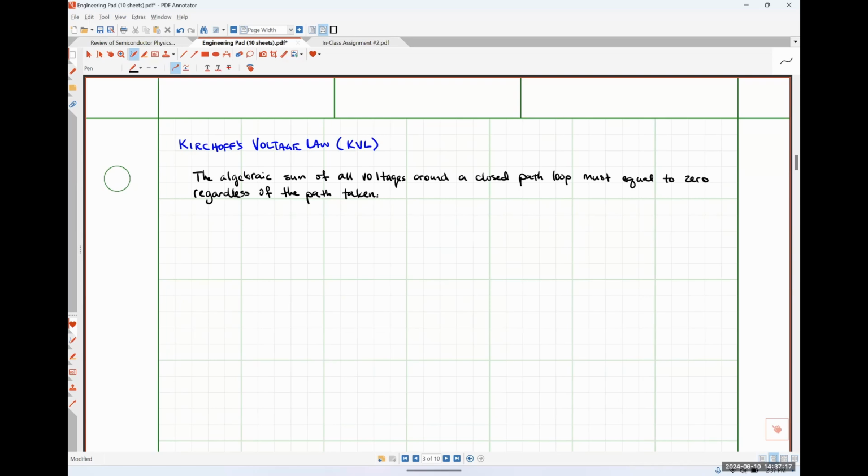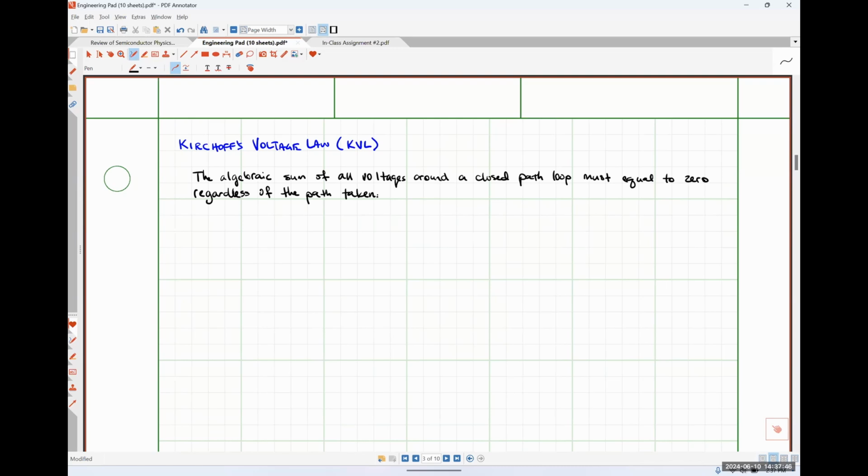So in our last class meeting, we learned that voltage is nothing more than the amount of work per unit charge required to move charge around a circuit. So voltage is inherently a measure of the amount of energy transferred in moving charge around.